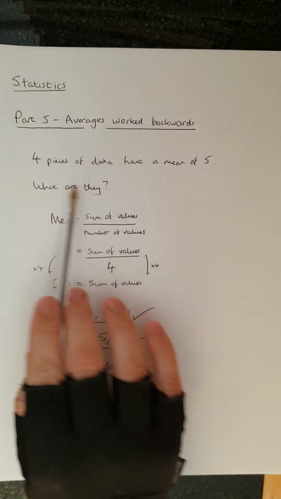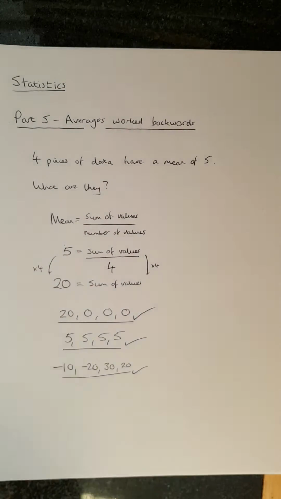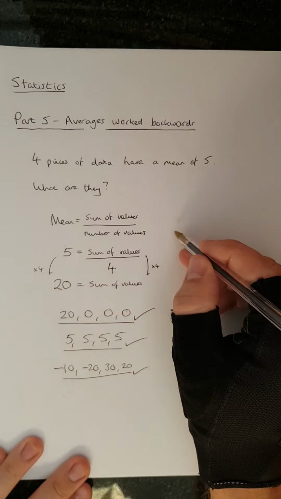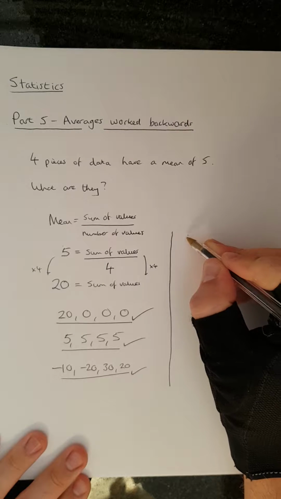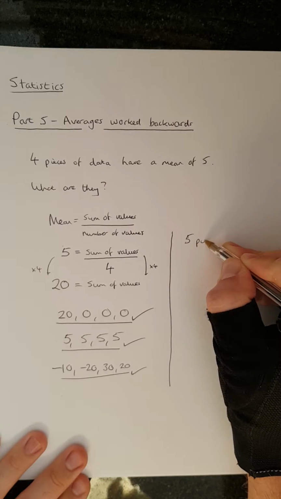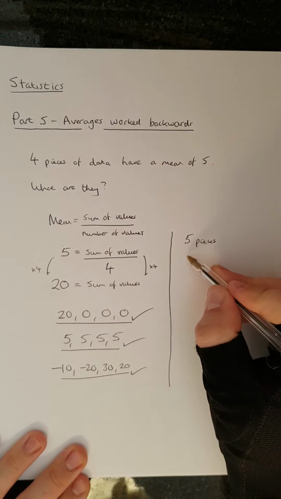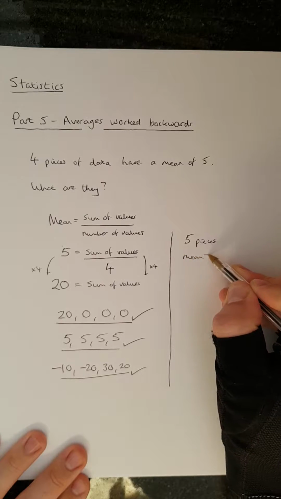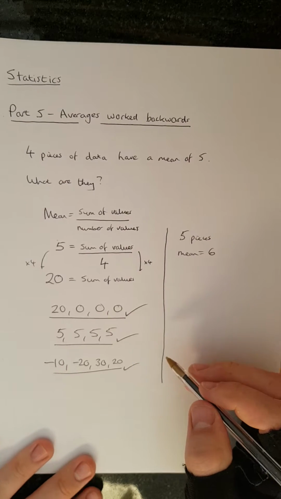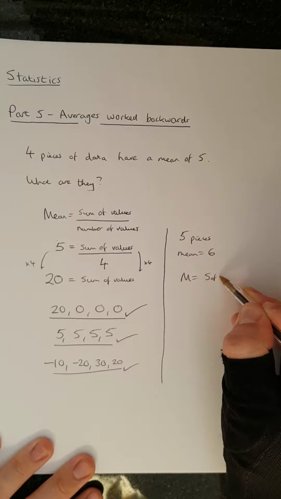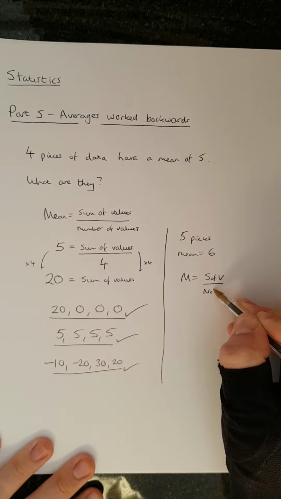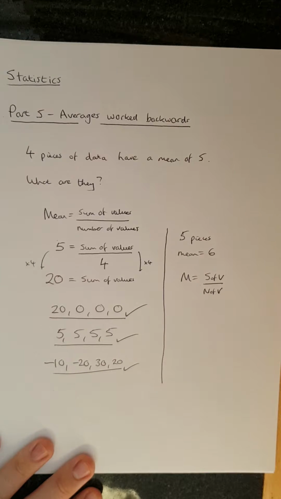Let's just clarify this rule though, how we came up with the sum of the values, by doing a couple more simple examples. So if I had 5 pieces of information and the mean is 6. So the mean is the sum of the values divided by the number of values.